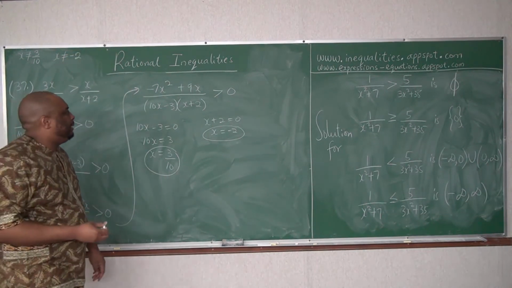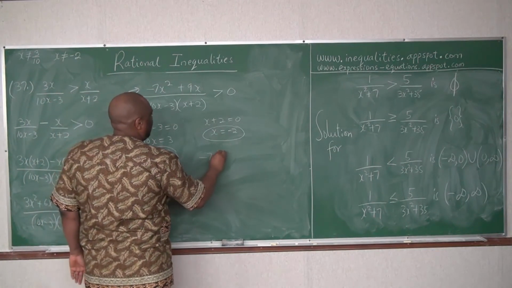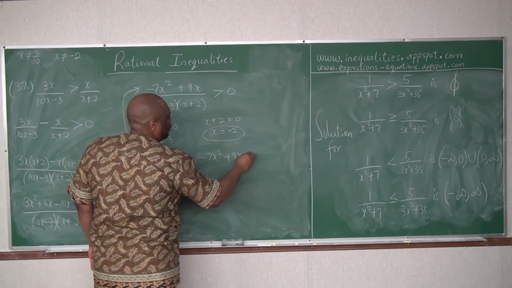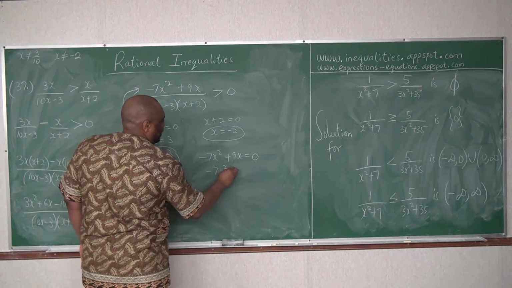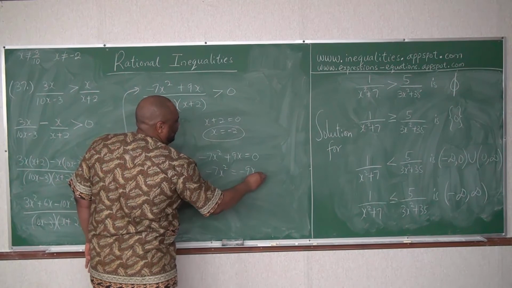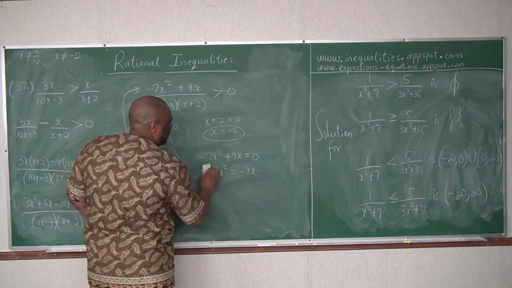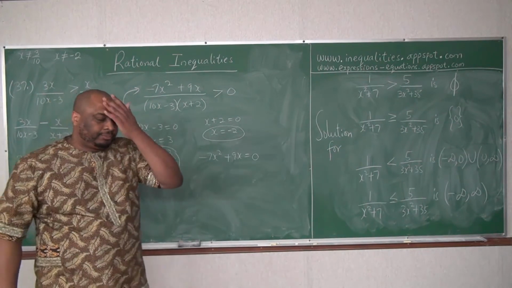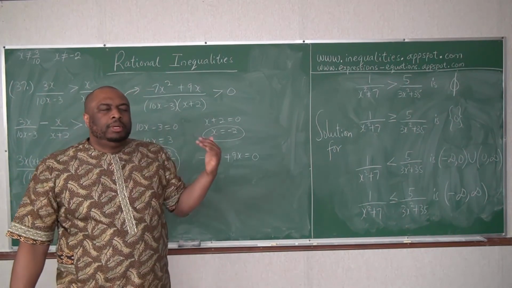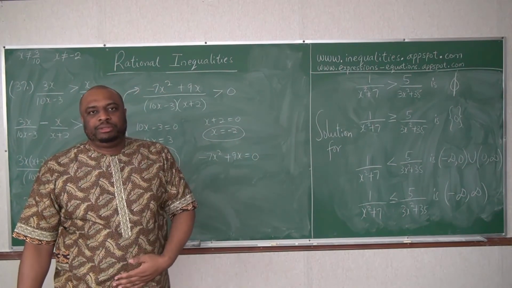Then we look at the numerator, and we have here negative 7x squared plus 9x equal to 0. So negative 7x squared is equal to negative 9x. Actually, I'm sorry, because this is an incomplete quadratic equation.